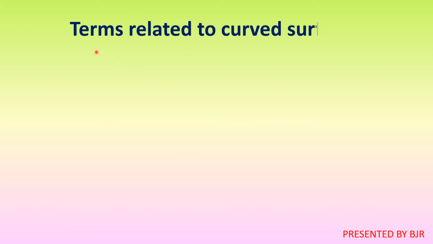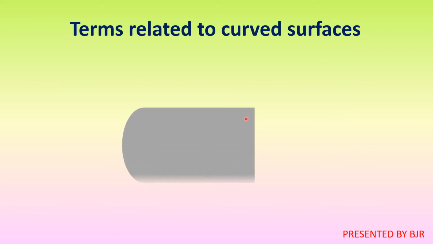First, here I am showing you certain terms related to curved surfaces. See here, this is a curved surface. Okay, here you can see this part is the curved surface.